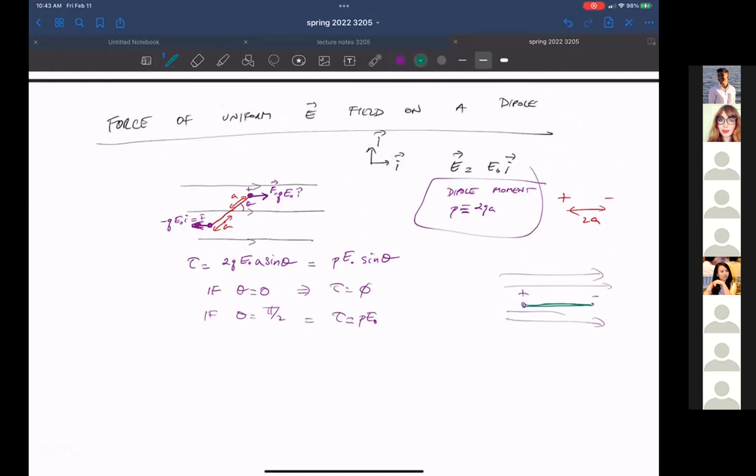This is just for your amusement because we asked the question. Looking at the potential and the electric field, the potential is the integral of the electric field.